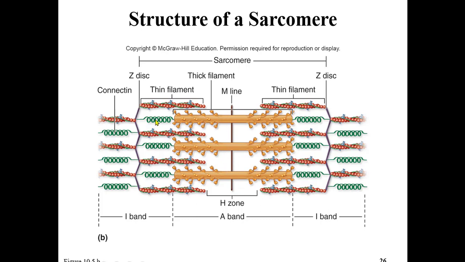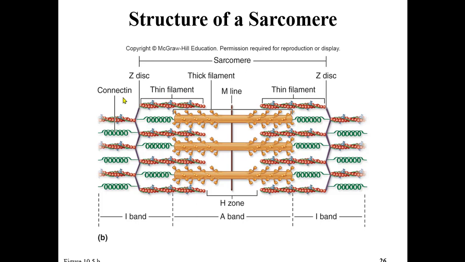And then we have this green one. This green one, in this author's book, remember I'm using a different book, this author calls it connectin. Some books call it connectin. Some books call it elastin. Be aware of both because you don't know who is asking the question. So connectin or elastin. Now what does this connectin or elastin do? Its job is to help the muscle come back to the same starting position.